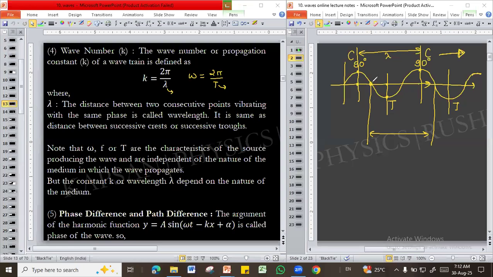So right now it is at origin. If you take the photograph after some time, then you will see the photograph looks like this. Let us remove the unnecessary part.